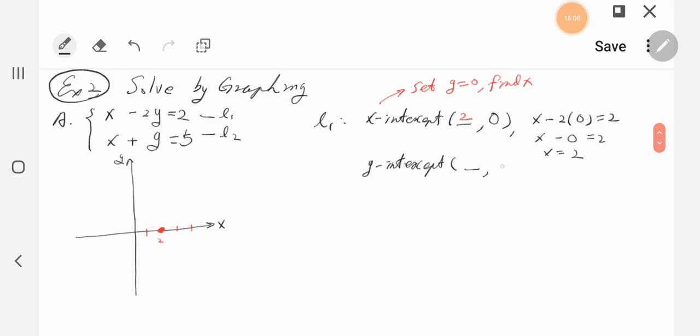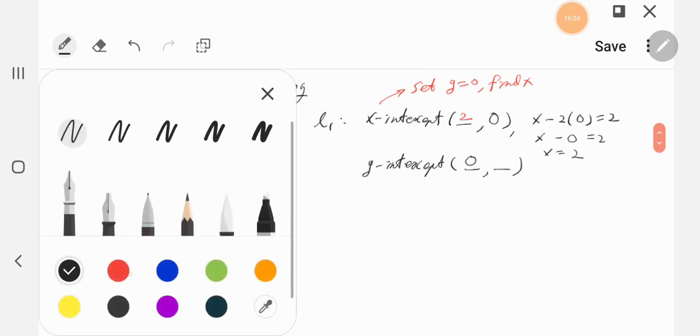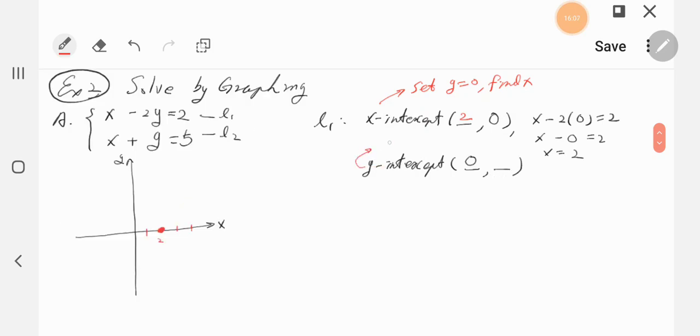All right, let's find the y-intercept. How do you find the y-intercept? Set the x value equal to 0. Don't forget this: for the y-intercept, always set x equal to 0 and then find y. So from the equation, x equals 0, minus 2y is equal to 2.